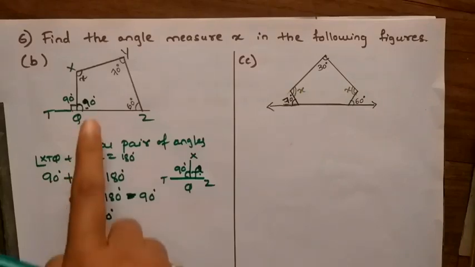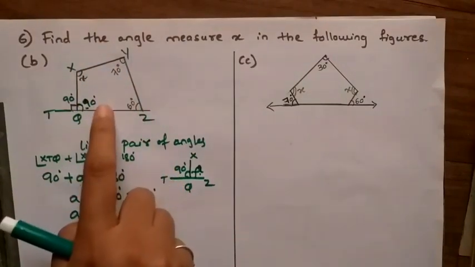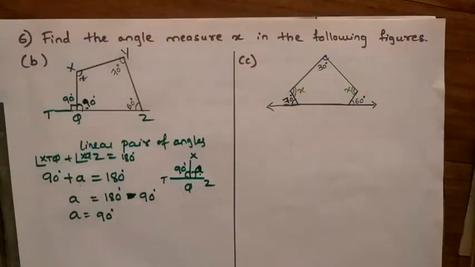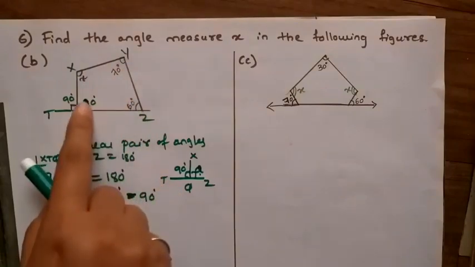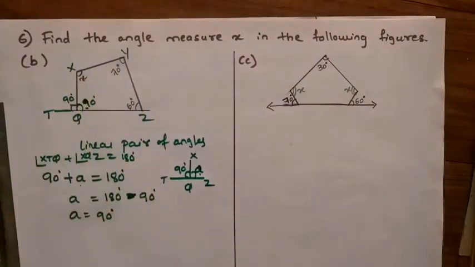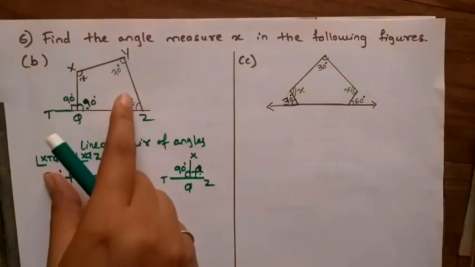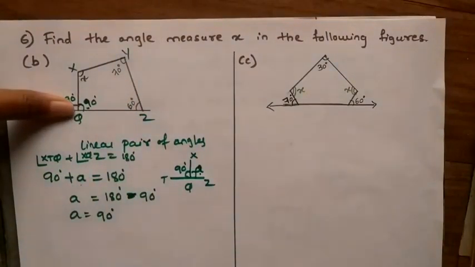Next, total how many sides are here? 1, 2, 3, 4. Four sides. So we know, here they given three angles, and we have to find the X value. This means here we have to apply the angle sum property of a quadrilateral, because this figure has four sides. Don't consider the exterior side.